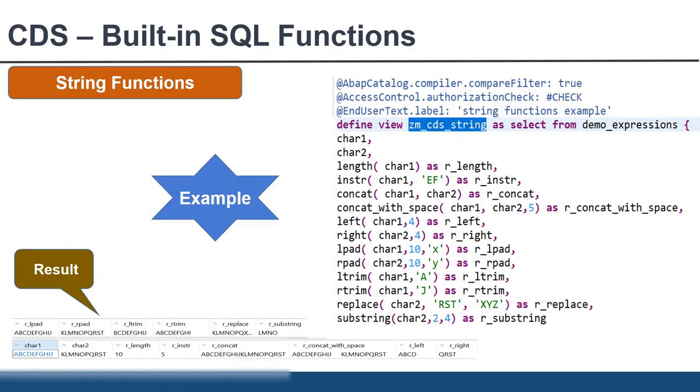So in this example, we're selecting data from demo_expression table, and using these string manipulation functions, we are performing some actions on those values car1 and car2, and we see the output in the result.